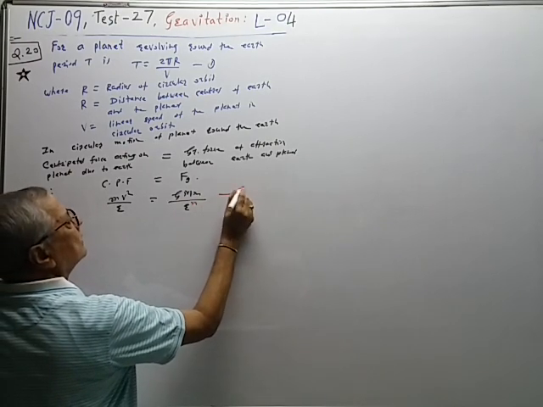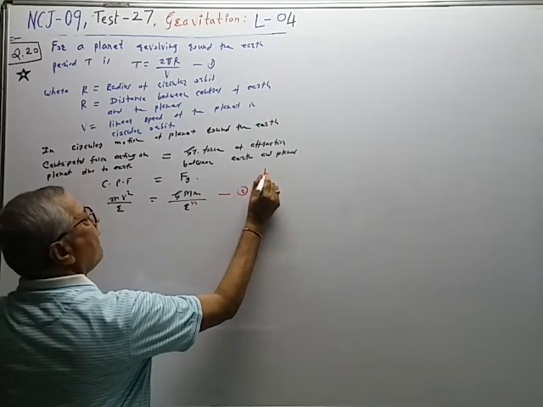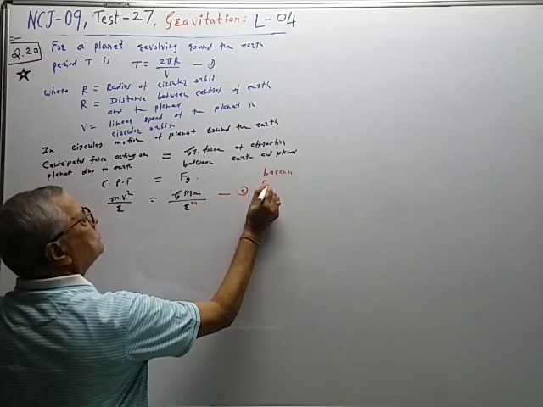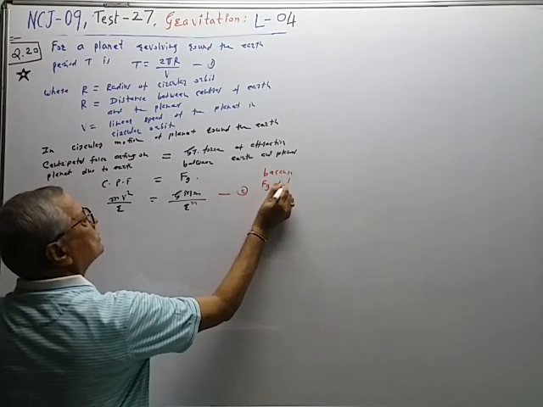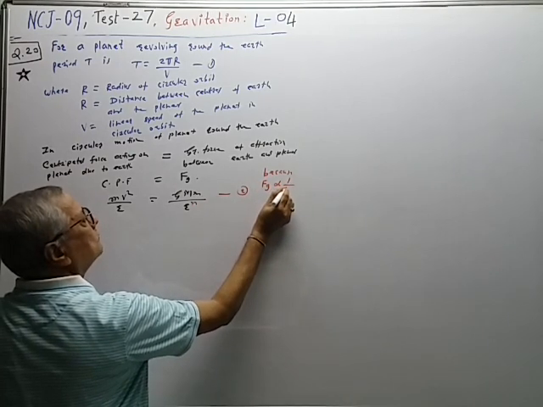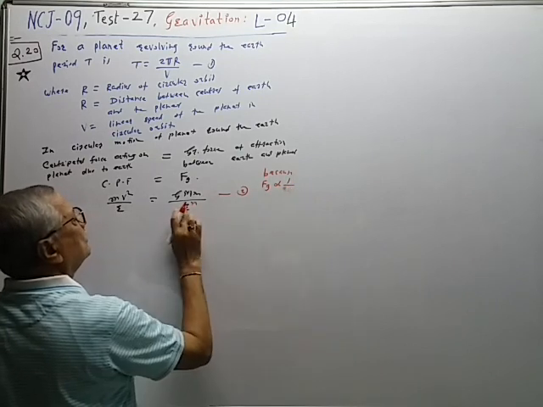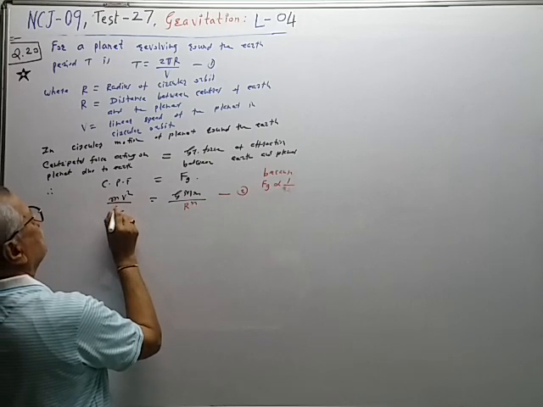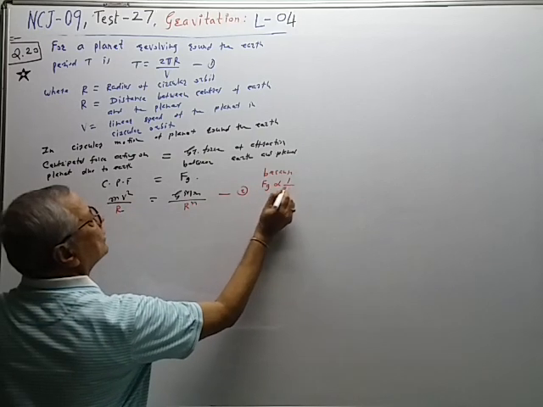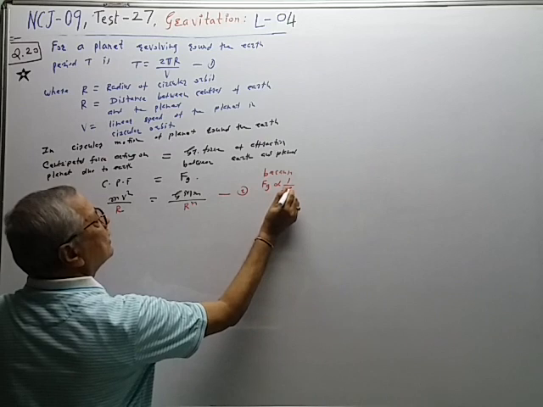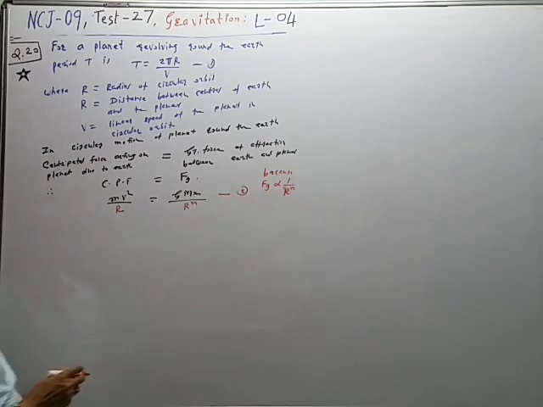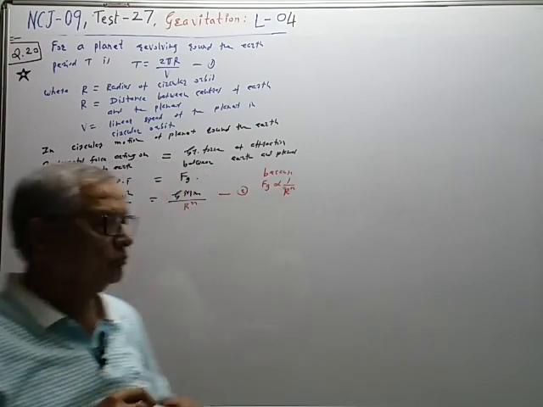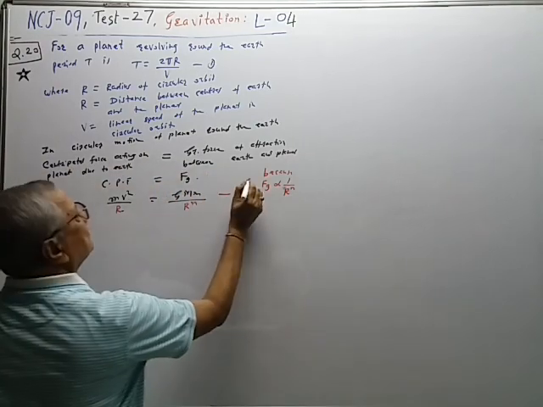This is equation second, because Fg is inversely proportional to, this is R, this is R. Fg is inversely proportional to R raised to n, like this. So this assumption is given.